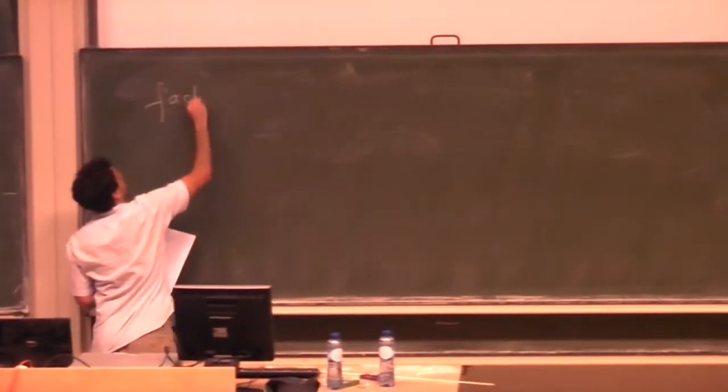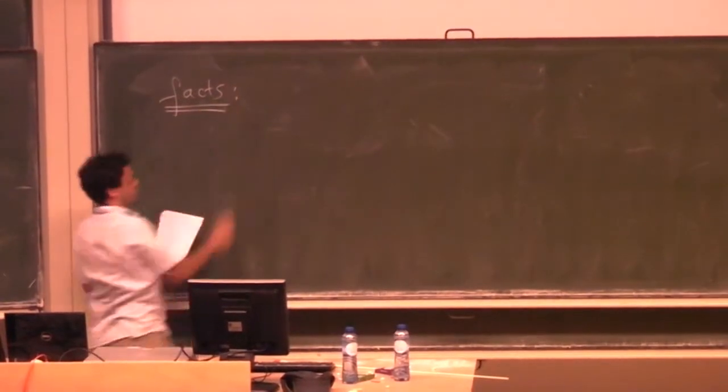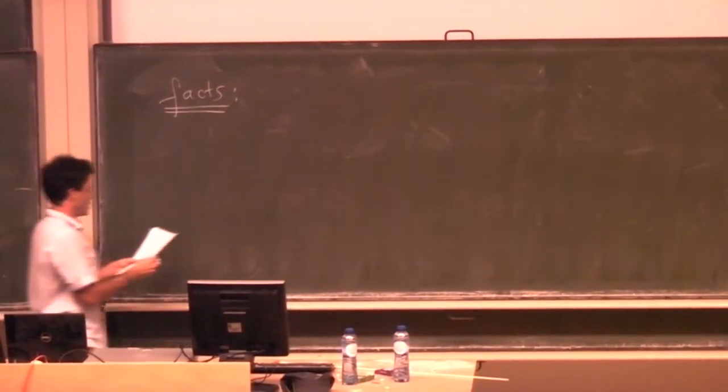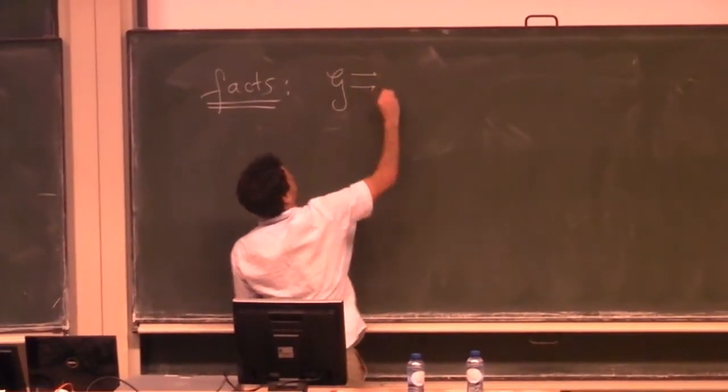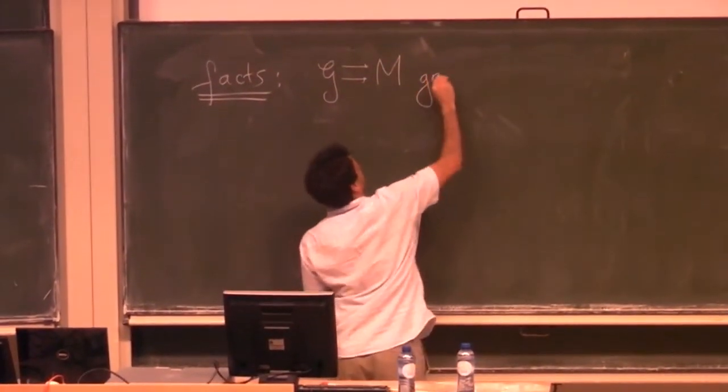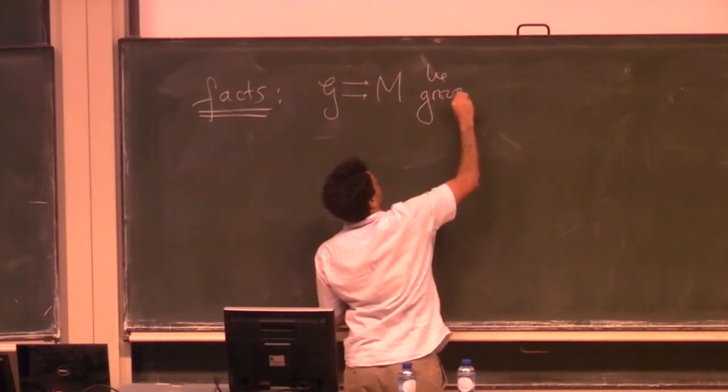And so here are a few facts that I'll just list. So the first fact, let's suppose that we have a Lie groupoid.